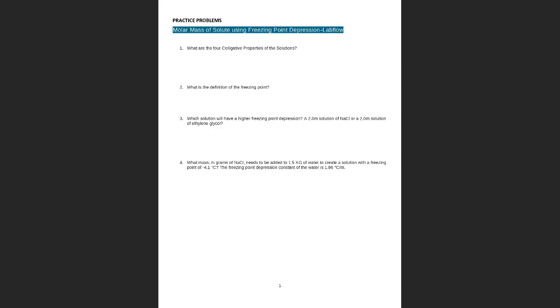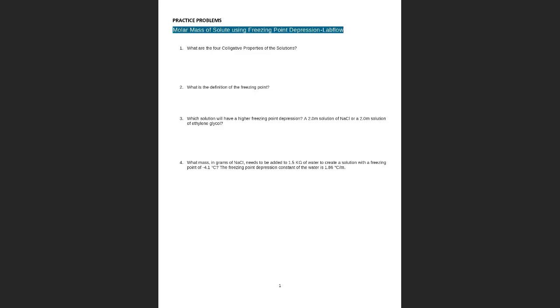You probably need to remember those 4 colligative properties. Vapor pressure lowering, boiling point elevation, freezing point depression, and the 4th one is osmotic pressure. So those are the only 4.